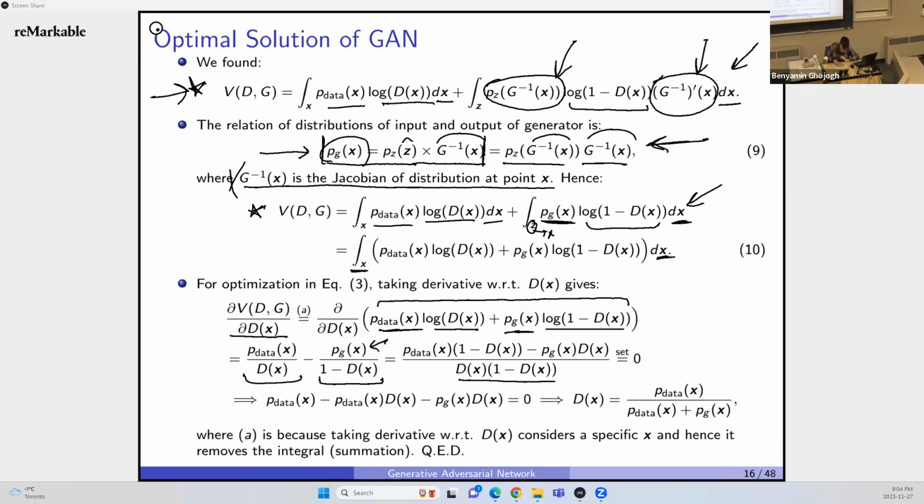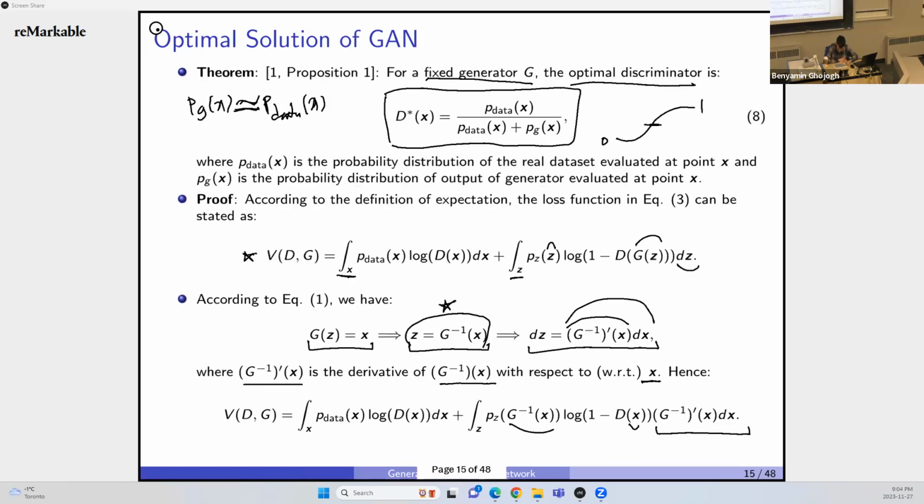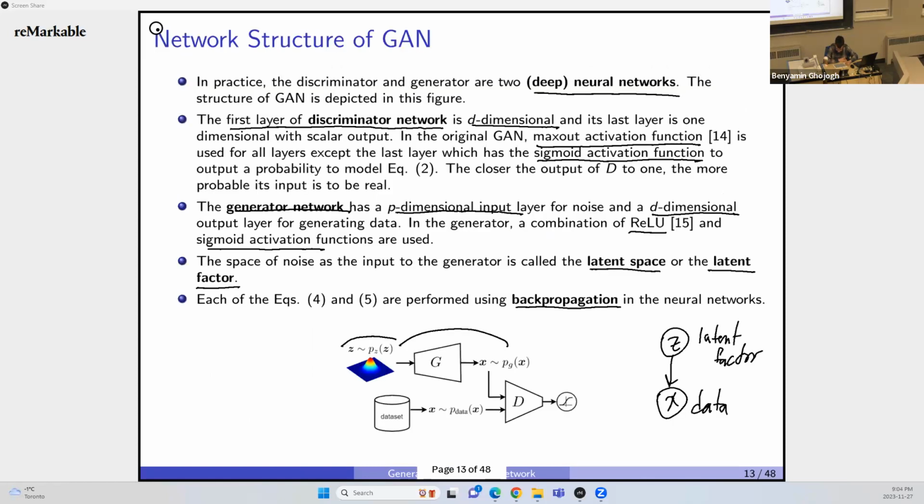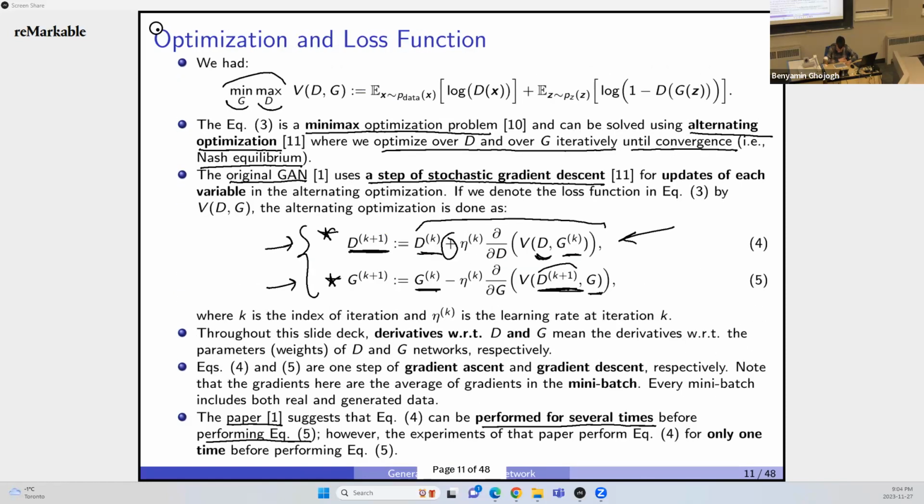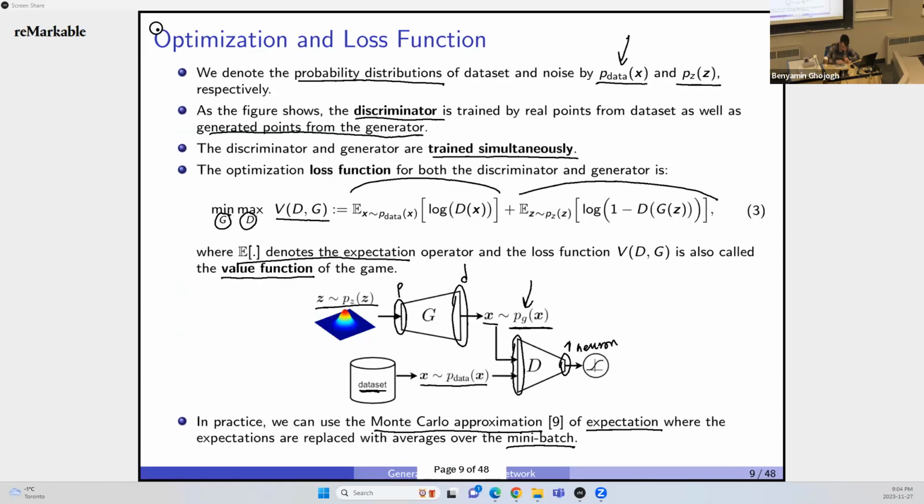So now I make the denominators the same. I combine the two fractions. And I set it to 0. Why? Because for optimization of equation 3, I believe, let me go back. I don't remember. This is the loss, right? So now I'm talking about this max D, with respect to D. Is it clear?